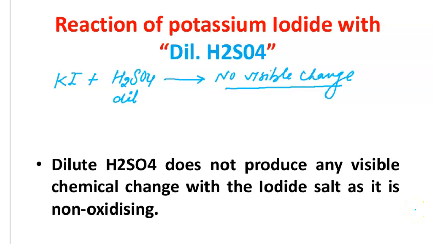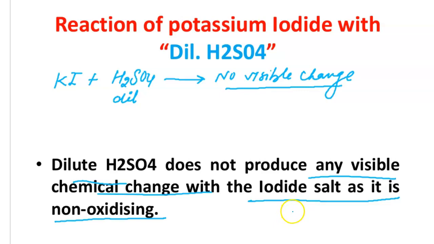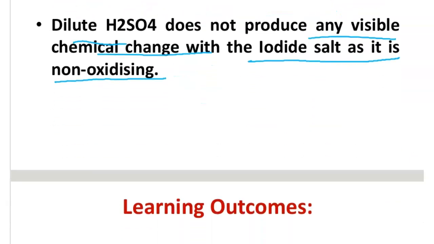Dilute H2SO4 does not produce any visible chemical change with the iodide salt, as it is non-oxidizing. You can take again an iodide, bromide or chloride salt, there will not be any visible change. That's how dilute H2SO4 and conc H2SO4 are different.